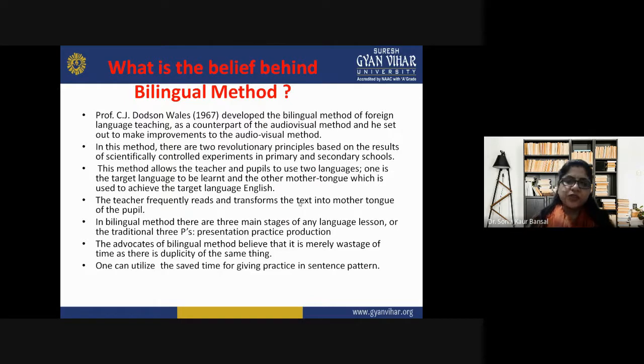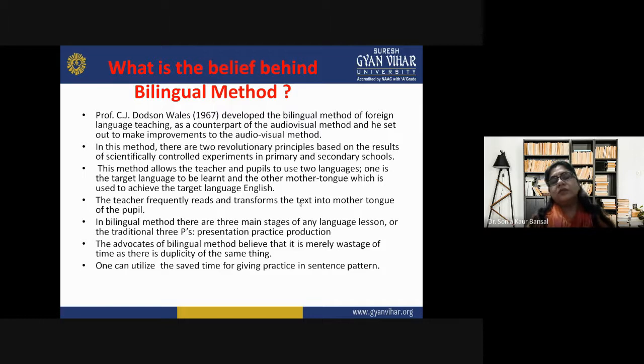By production, I mean that students are creating or framing more and more sentences on the same concept. Maybe the students have learned the concept of adjectives, and a few adjective words are not understood by them in the English language, or the target language, as we call it.